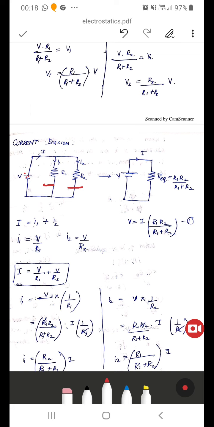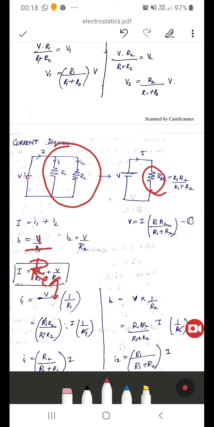Now I have converted the resistances R1 and R2 into a single equivalent resistor. This is Req, which is nothing but R1 R2 divided by R1 plus R2. How does this come? We all know that to find the equivalent resistance for a parallel circuit, 1 by Req is equal to 1 by R1 plus 1 by R2.